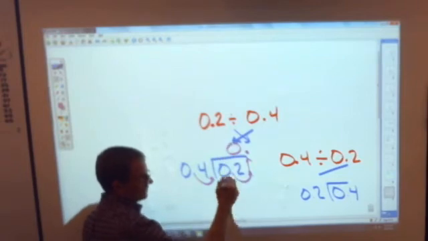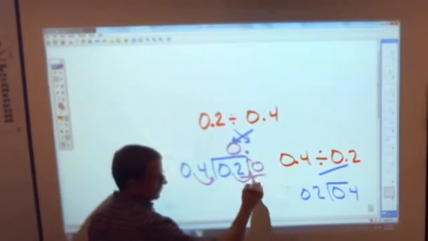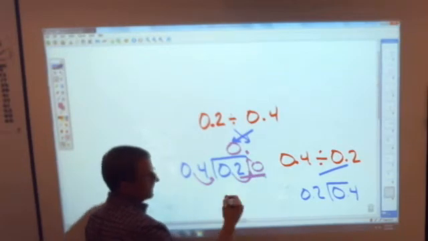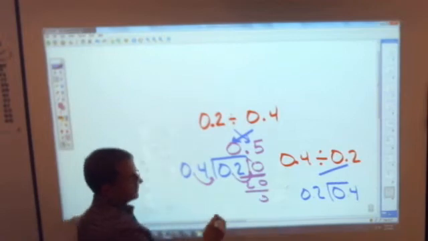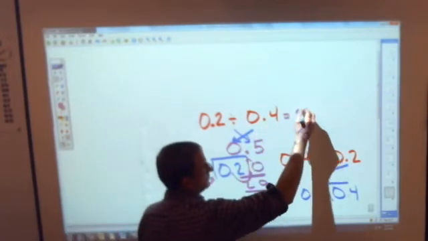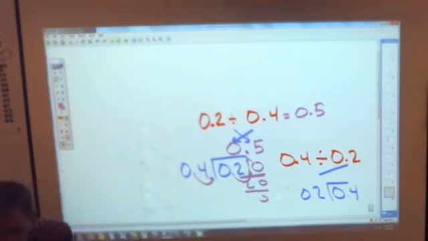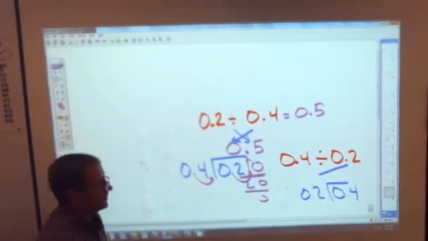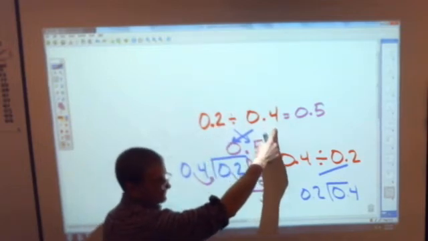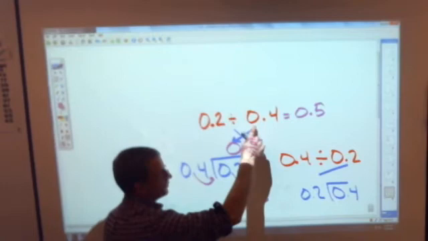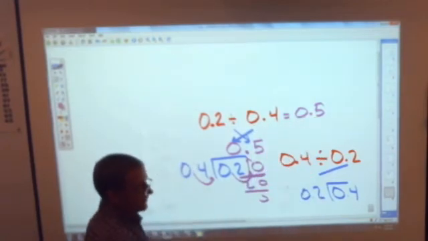It does not go into 2, but I have to keep adding zeros till it works out. Does 4 go into 20? Yeah. How many times? 5 times. So the answer to this one is 0.5. Which makes sense if you think about it, 6th graders, because this is 20 cents divided by 40 cents. 20 cents is half of 40 cents. That's what this says. 0.5 is half.